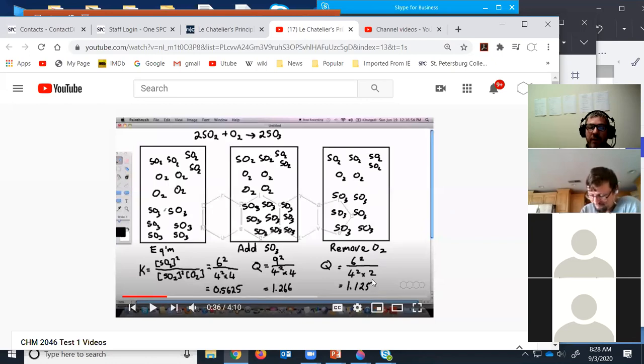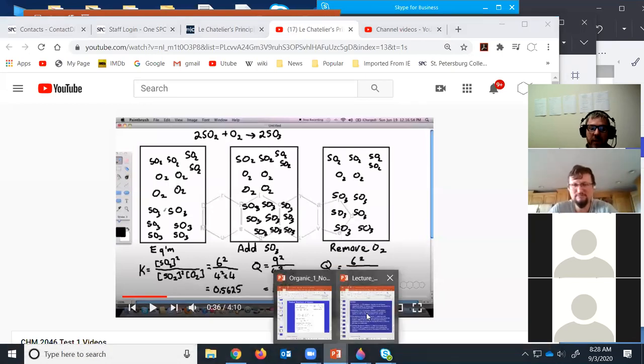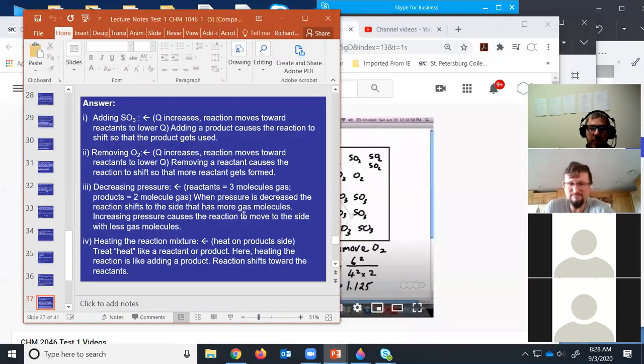But that also has the effect of taking Q down to K. All right, does anybody have any questions about this? All right, well, that's the skinny of it. So that's adding SO3, removing O2.